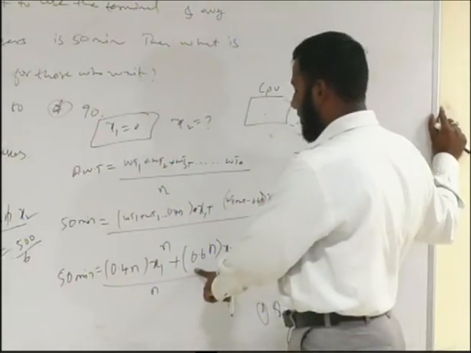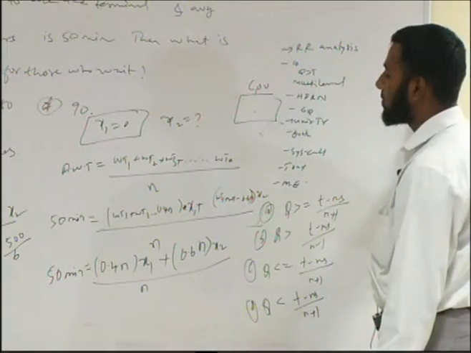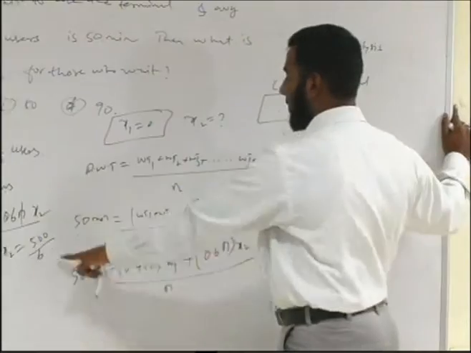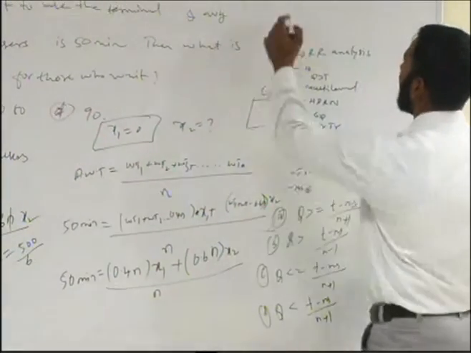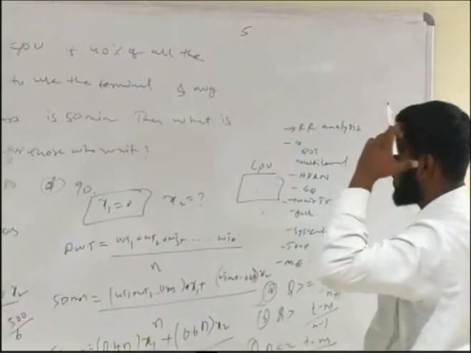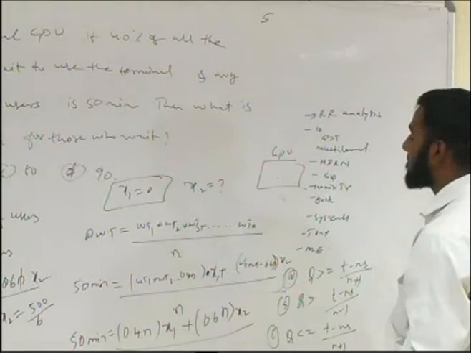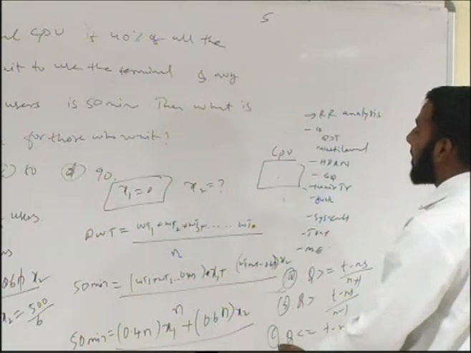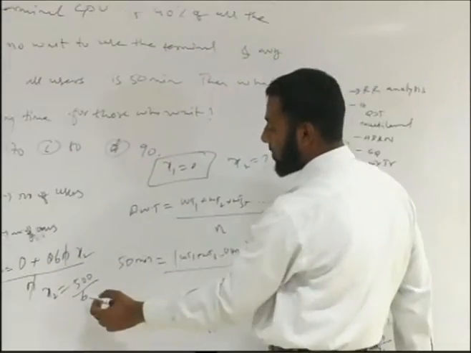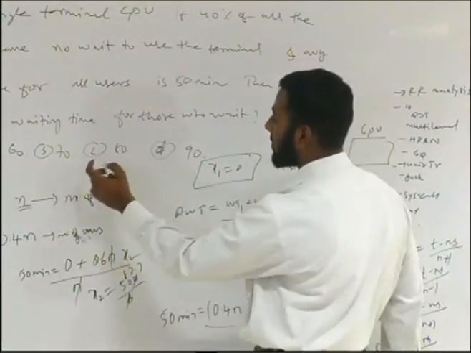Now we have got the value of x2 here. So let's find out the average waiting time for the 60% of the processes. When we divide this by 60, we get about 83.3. Yes, the answer is this, C.